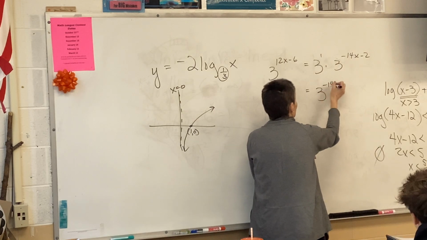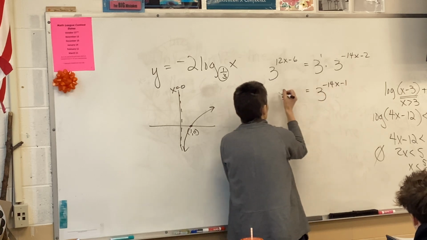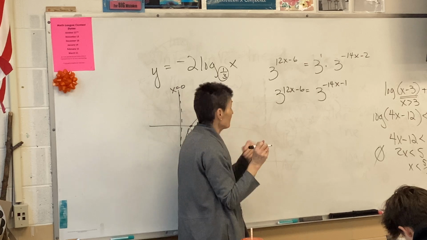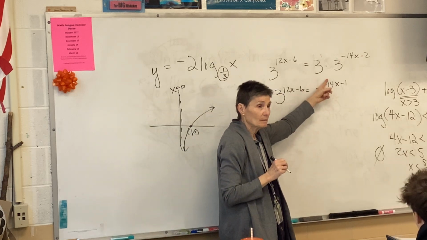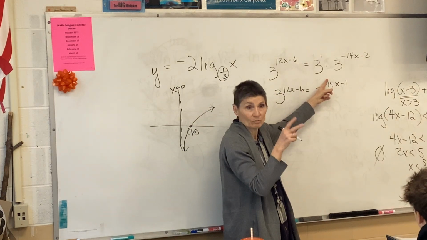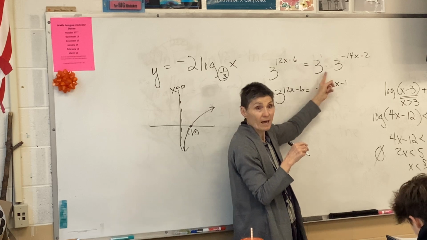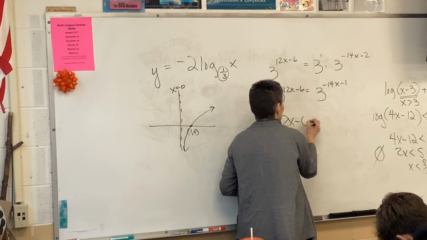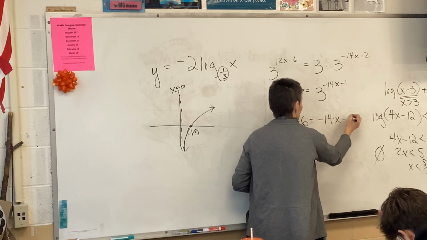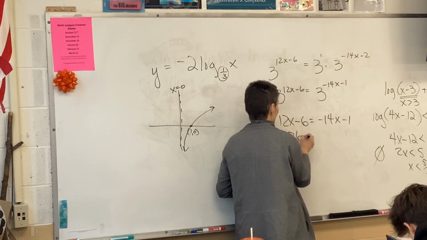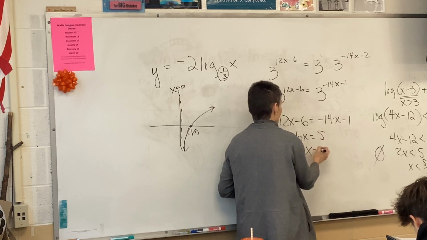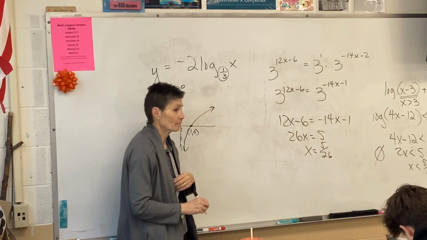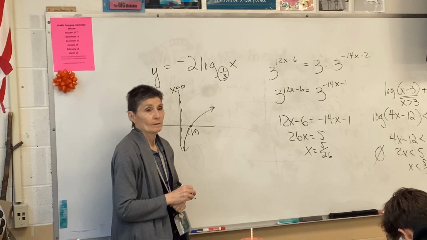Adding them. If that had been a 9, we would do the same thing, only we would make it 3 squared, and then add the exponent. So then we can, I got 526. Okay?